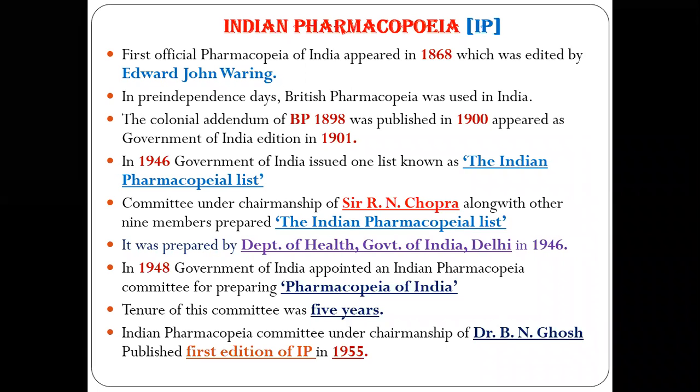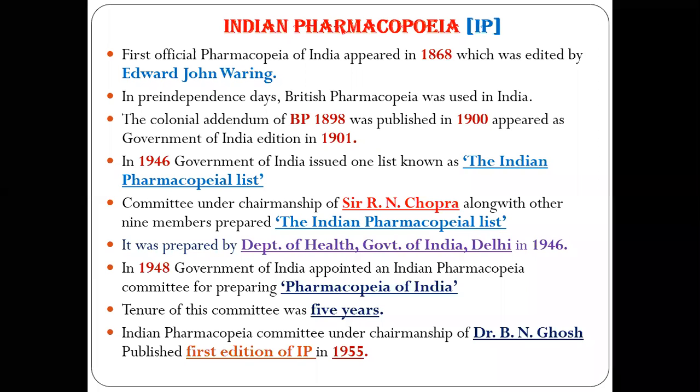These 9 members developed the list of the drugs which were to be added into the Indian Pharmacopoeia. The list was totally prepared by this committee under the chairmanship of R.N. Chopra, and the committee belonged to the Department of Health, Government of India.